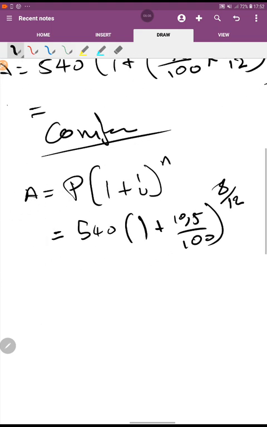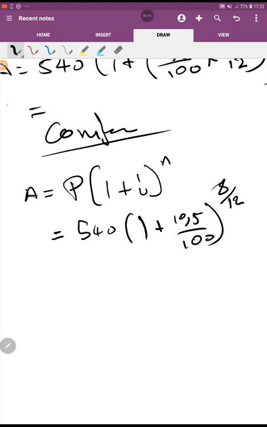This is important. Sometimes there is an example whereby they say the duration of your investment is that for the first 8 months you invested 540 at an interest rate of 10.5. Then for the next 4 months, we use a different interest rate on the same investment.